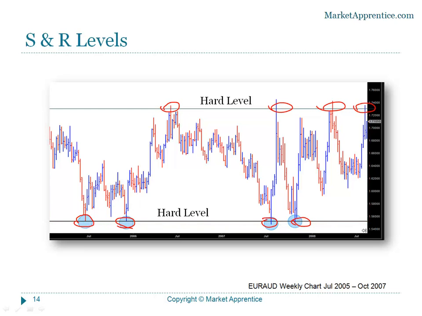However, if we look in more detail again, there's actually a soft level there. As you can see, price tested it here, broke it here, bounced here, broke again, bounced here, bounced here, bounced here, broke, consolidated around it, and so on and so forth.